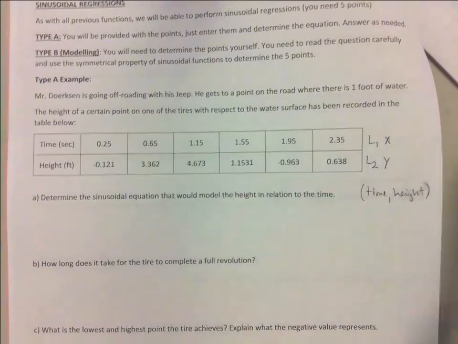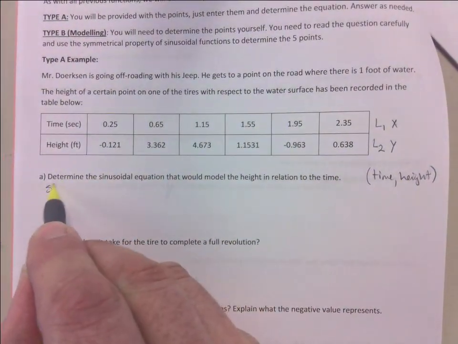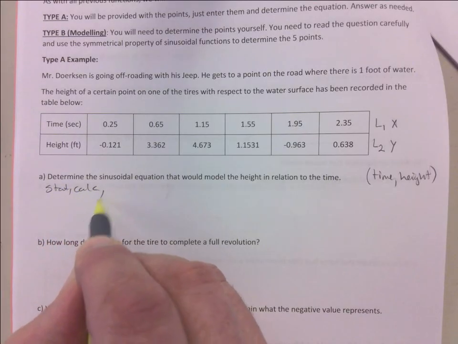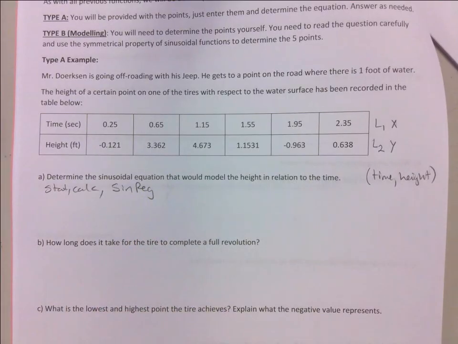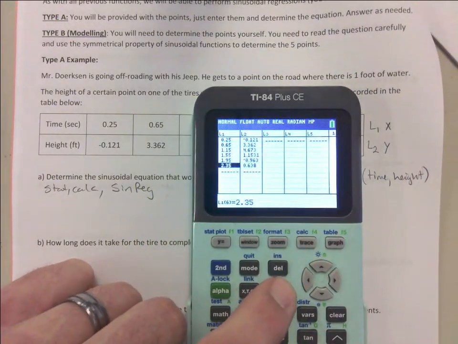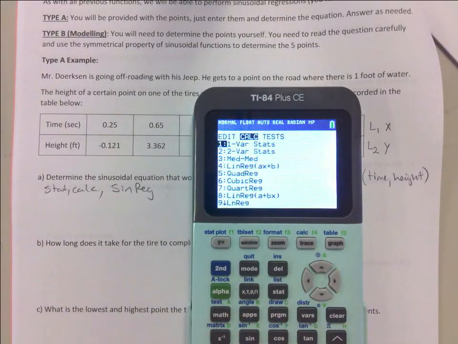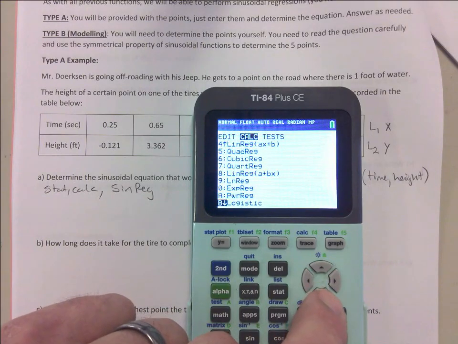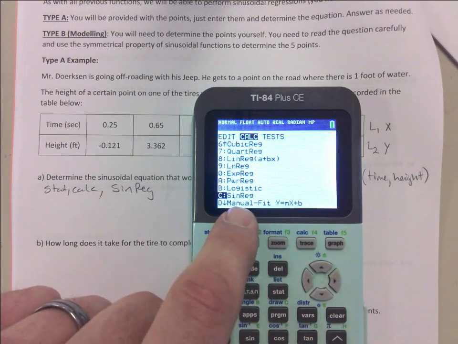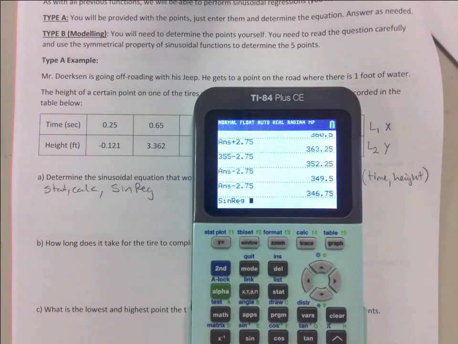So you go to your paper, you show a little bit of work: STAT, CALC, and there's a regression called sinusoidal regression, SinReg. So STAT, CALC, it's way down there, right there, SinReg, okay?